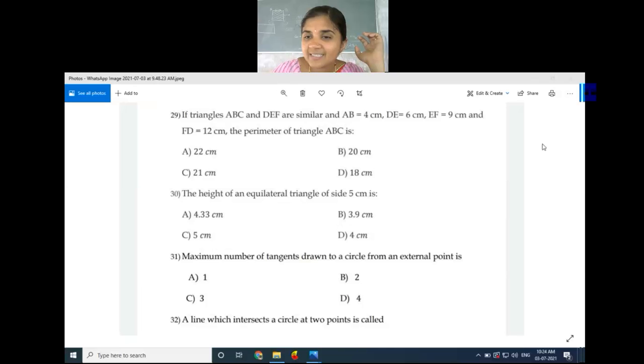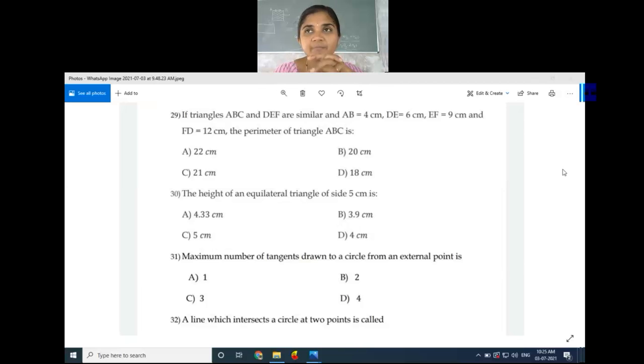Who is going to give the answer for this question? Raise your hands fast. Vaishnavi V. Yes, using which topic can we find the perimeter of ABC?